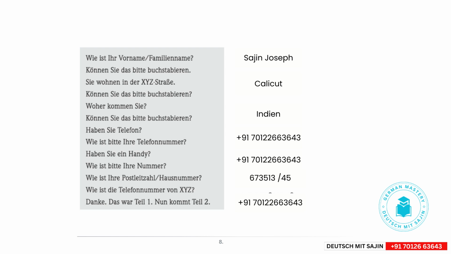Haben Sie ein Handy? If you have a telephone or a mobile phone, you have to say yes or no. So my Handy number is +91 7012 26 63 643. Wie ist Ihre Postleitzahl oder Hausnummer? Meine Postleitzahl ist 673513 und Hausnummer 45.